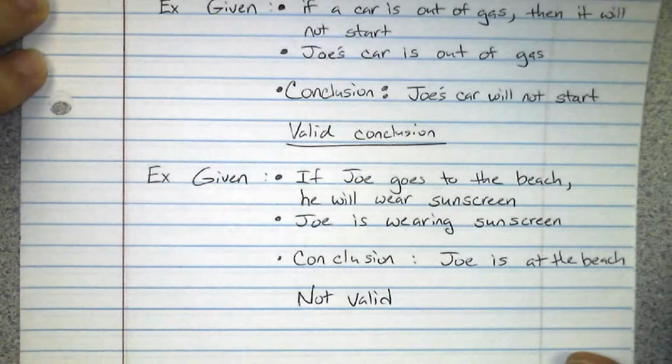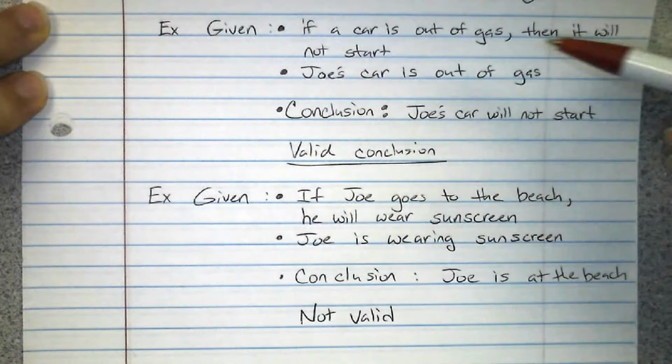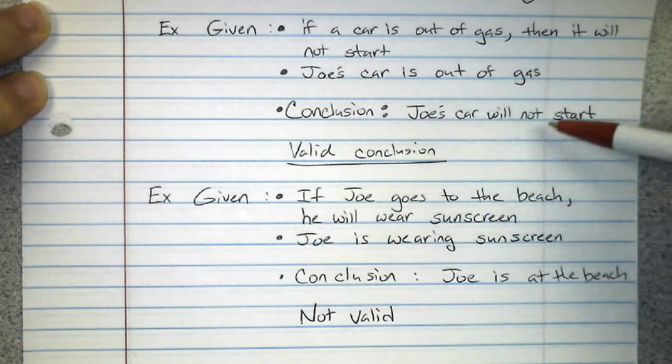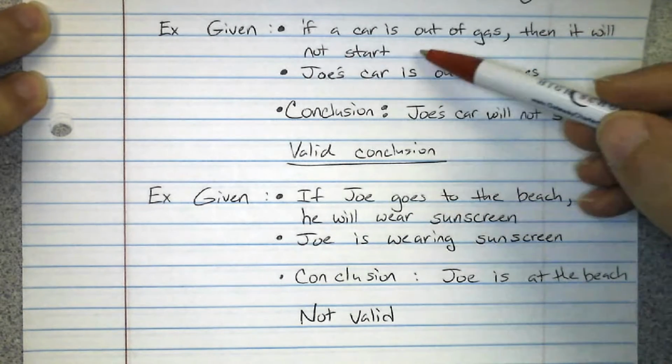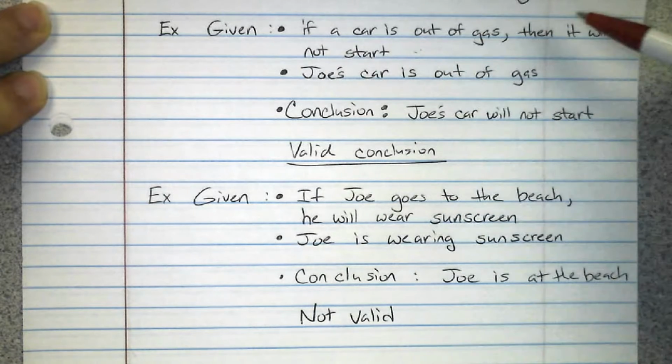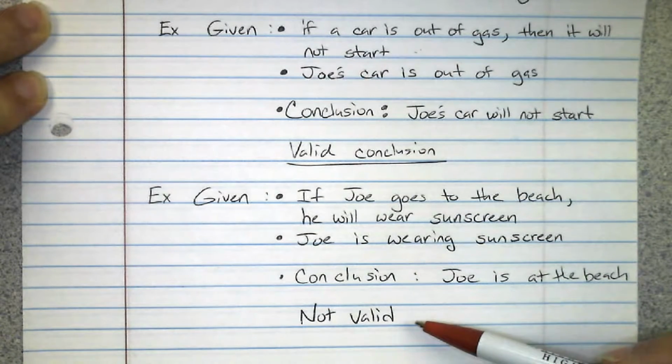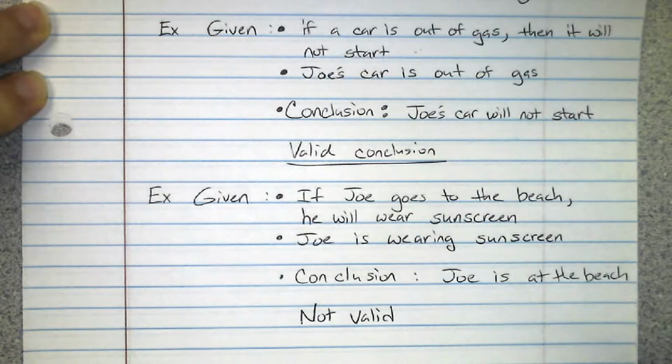And that's the difference. In the previous example, the hypothesis was satisfied, therefore coming up with the same conclusion as in the if-then statement is valid. Here, the hypothesis was not satisfied, so just assuming it is not okay.